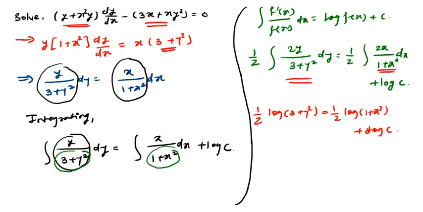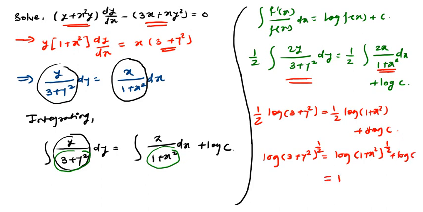log c. Okay, so finally I can rewrite this as log of 3 plus y square to the power 1 by 2, and this will be log of 1 plus x square to the power 1 by 2 plus log c.